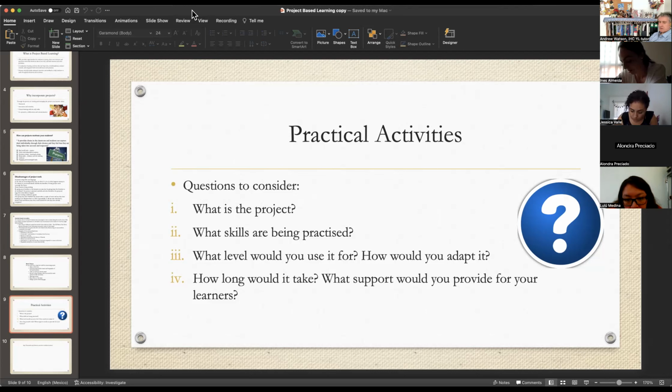And we would adapt it by simplifying the language in the texts, providing them with pictures and with videos beforehand, and maybe taking away some festivals and putting in festivals that they have in their own culture, like here, the Day of the Dead.